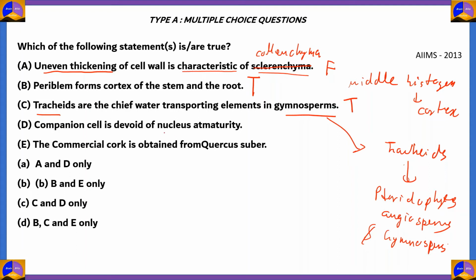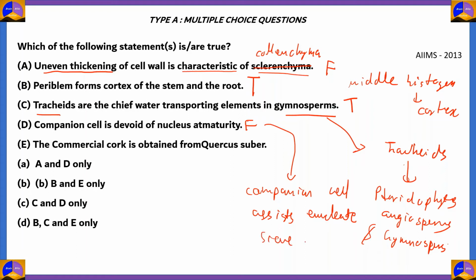What about statement D? Companion cell is devoid of nucleus at maturity. This statement is false because companion cell assists enucleate sieve elements.